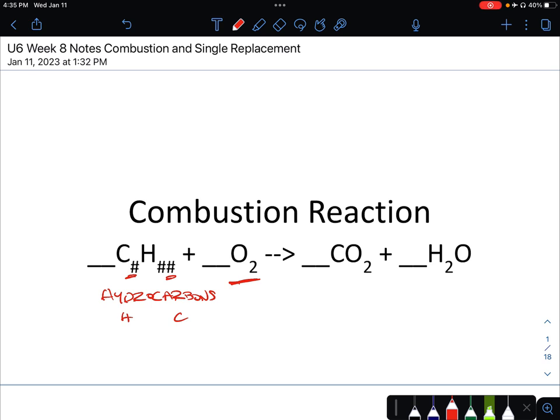When we do these, remember we're going to get CO2 and H2O every time. The nice thing about that is we can balance the carbon first, the hydrogen second, and then use the oxygen at the end to balance with this.